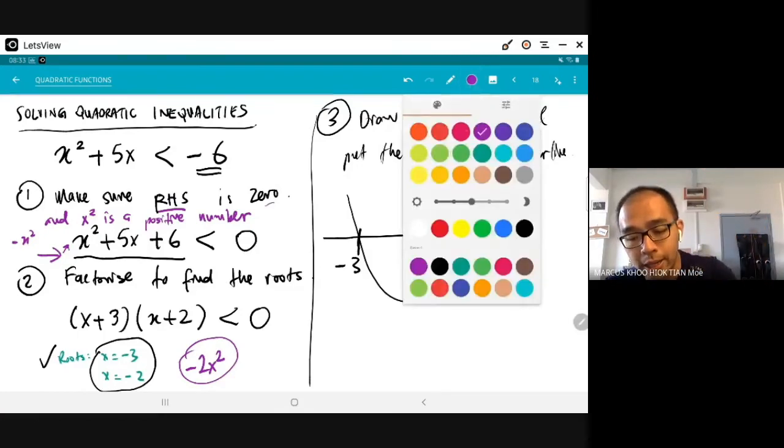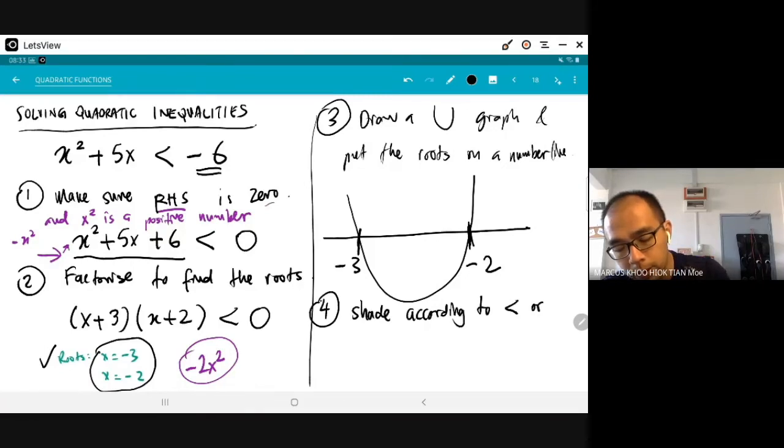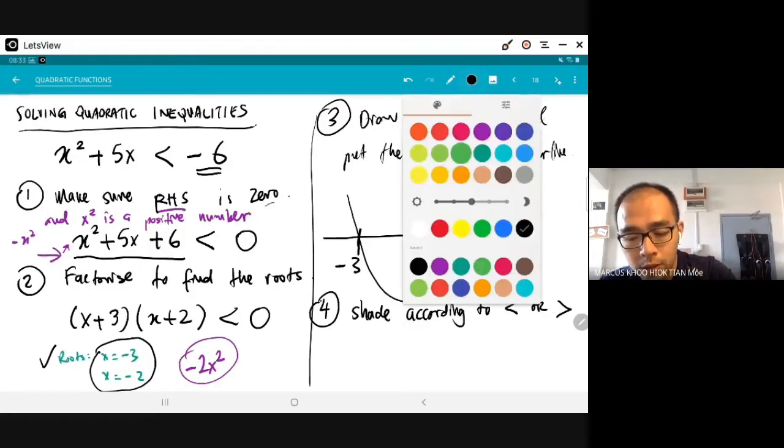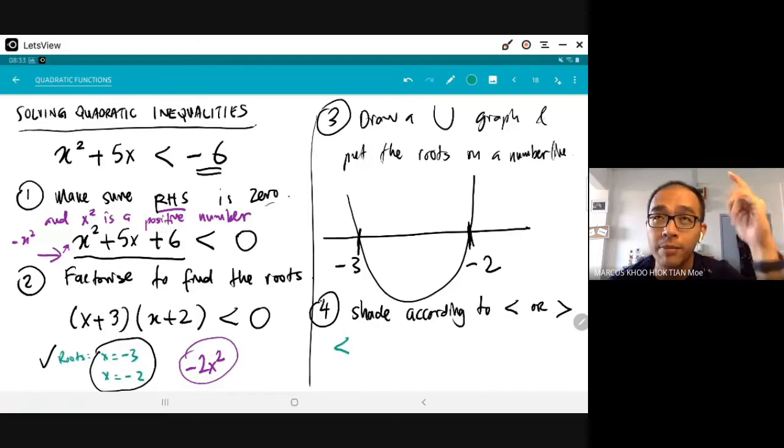Okay, and then step 4, okay, you shade according to this one or this one. Okay, so ini yang kita kena berhati-hati. Kalau dia adalah less, okay, less maksudnya kurang.